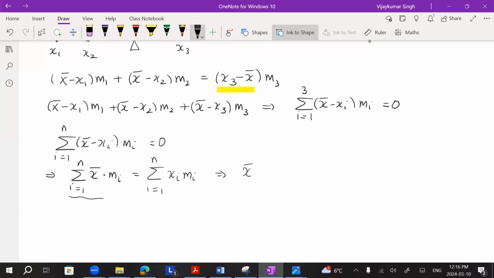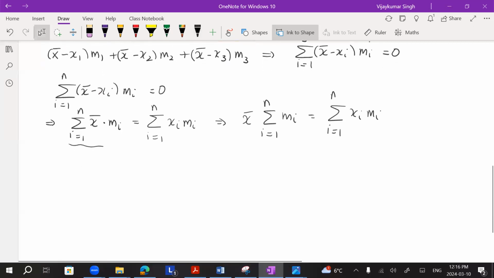So we have x bar times the summation of mi is equal to the summation of xi mi. Divide both sides by the summation of mi. So x bar is equal to the summation i going from 1 to n of xi mi divided by the summation i going from 1 to n of mi.